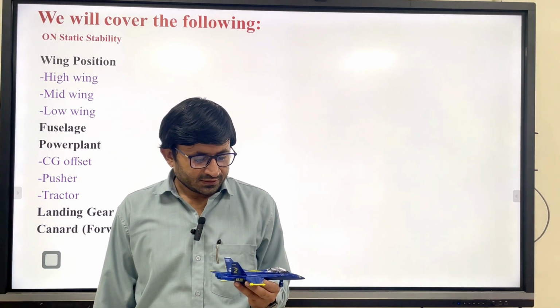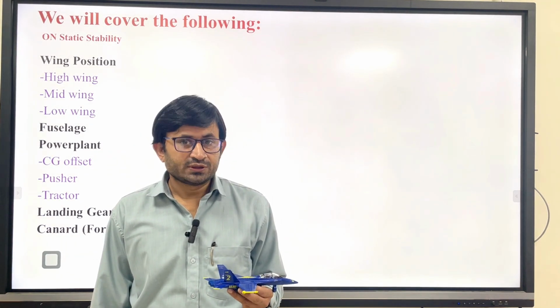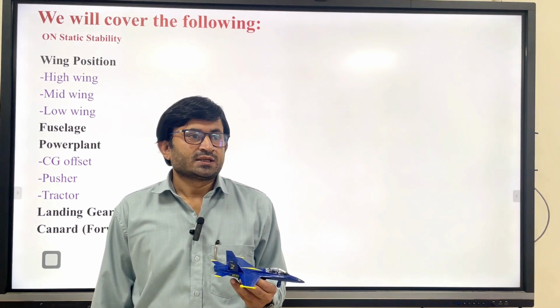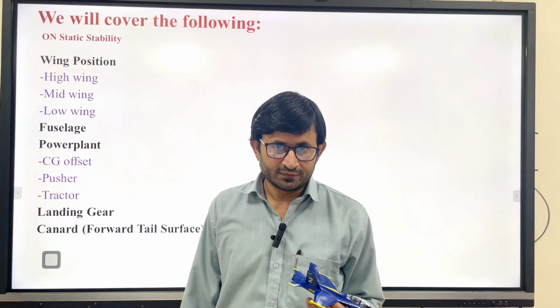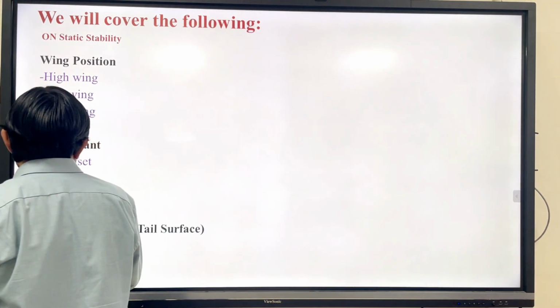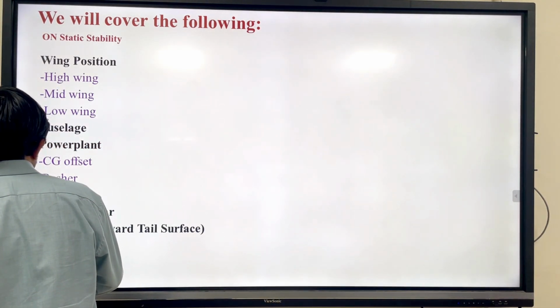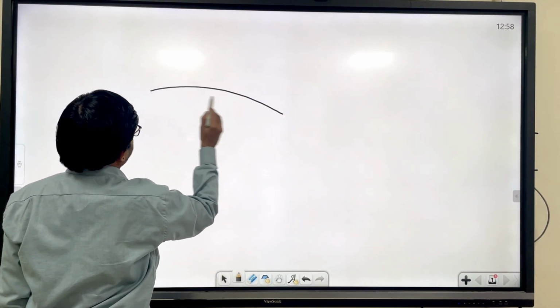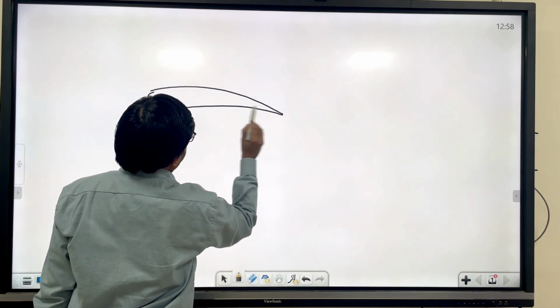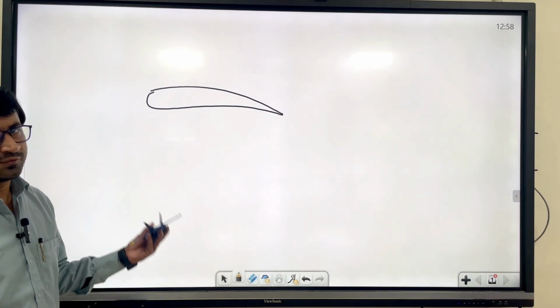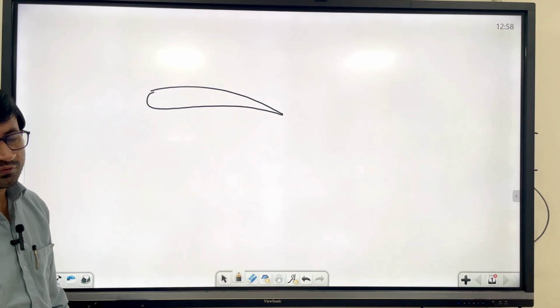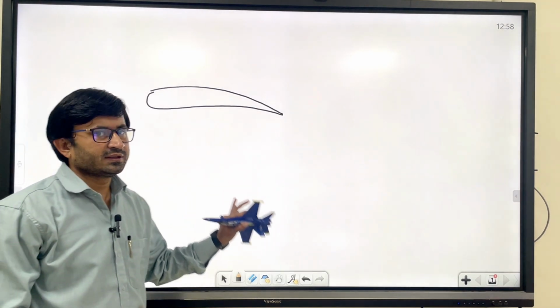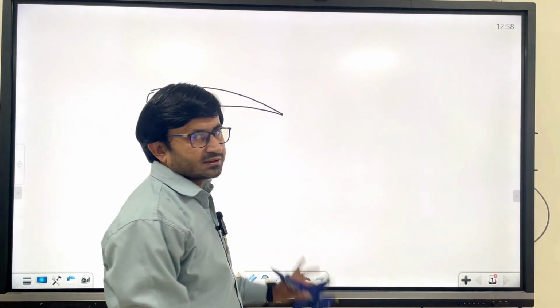We know that to achieve static stability, Cm alpha should be negative. Let's build a little theory here. Let's say this is an airfoil. In general, we draw the cambered airfoil, and from this airfoil the wing is made, so we have drawn just the cross section.